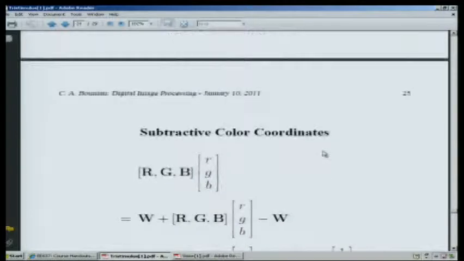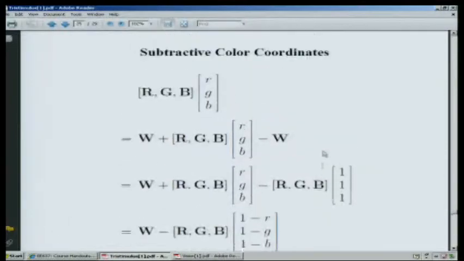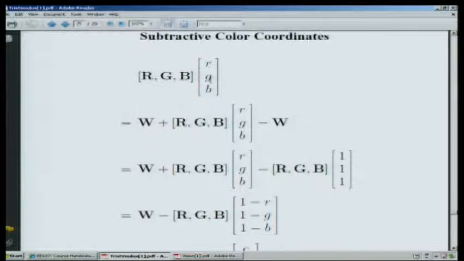Now, if you go to a subtractive system, then what you can do is you can say, well, okay, instead of representing the color as the combination of red, green, and blue, I can represent it as white minus something.